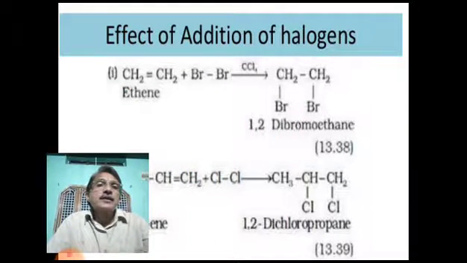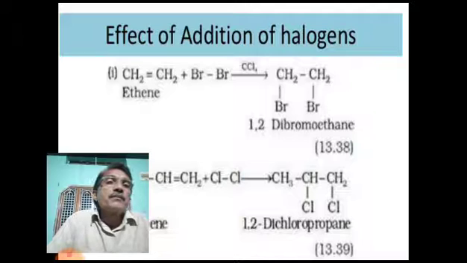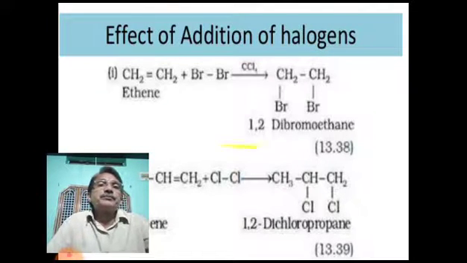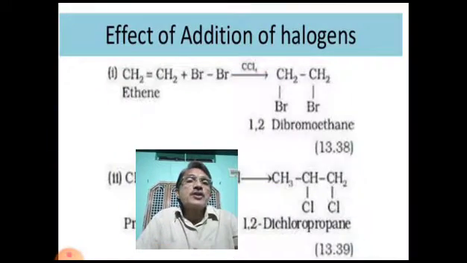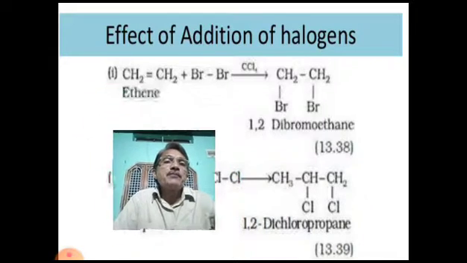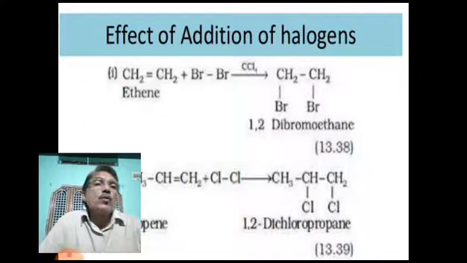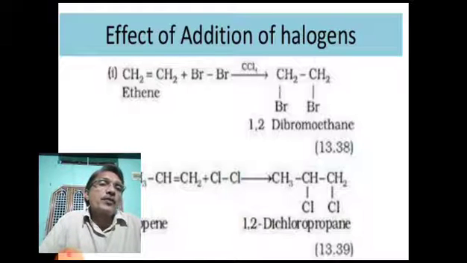Look at the example, addition of halogens. Ethene plus bromine gives 1,2-dibromoethane. This reaction occurs in the presence of CCl4.